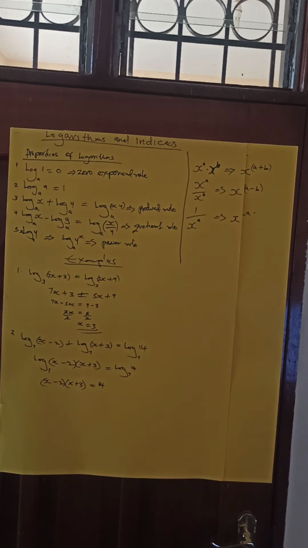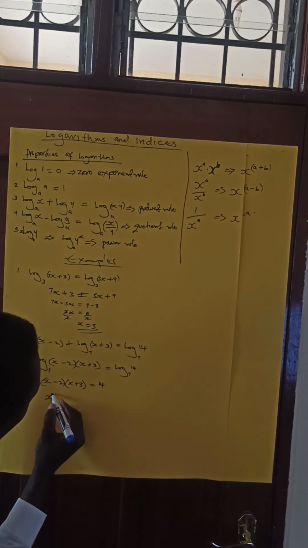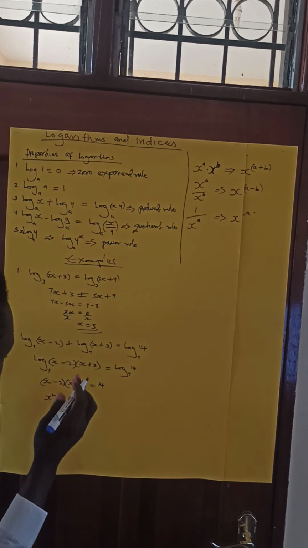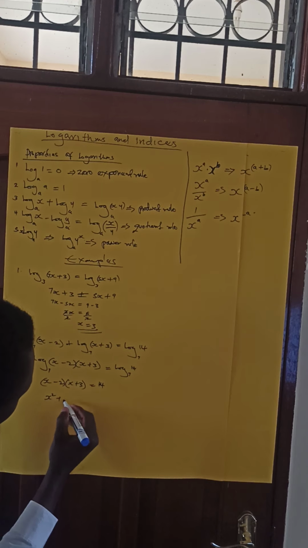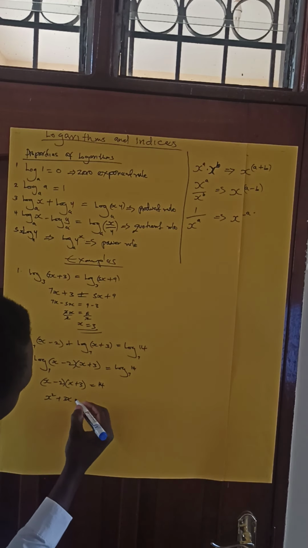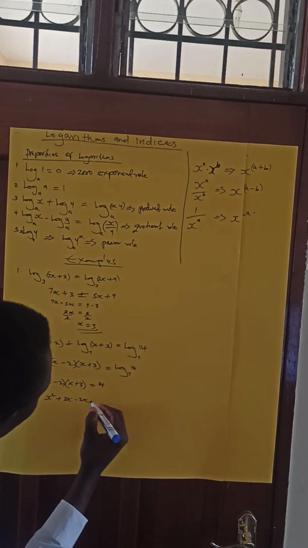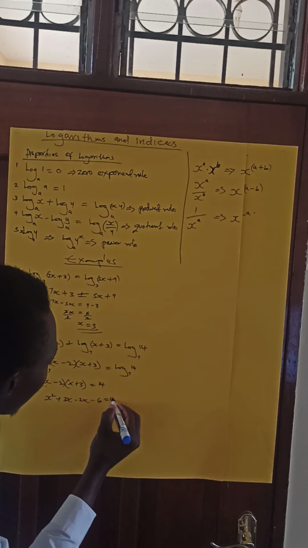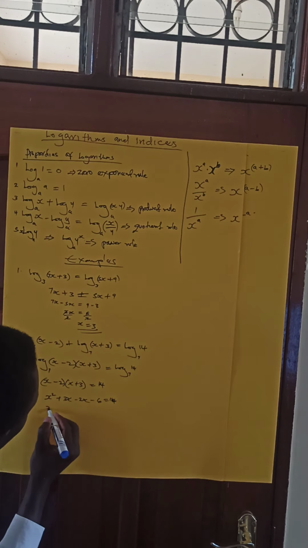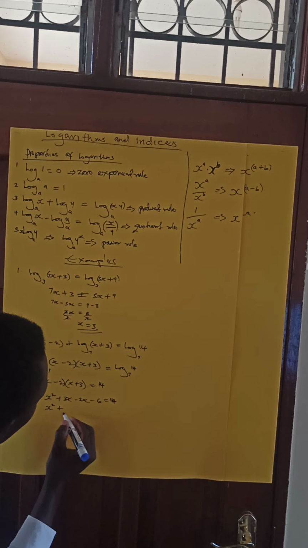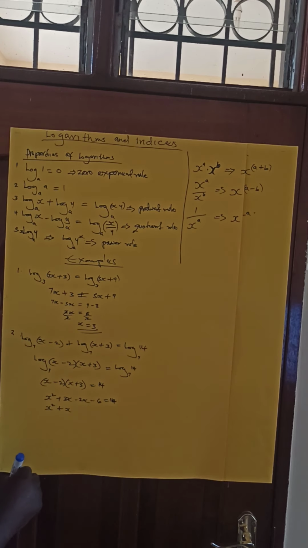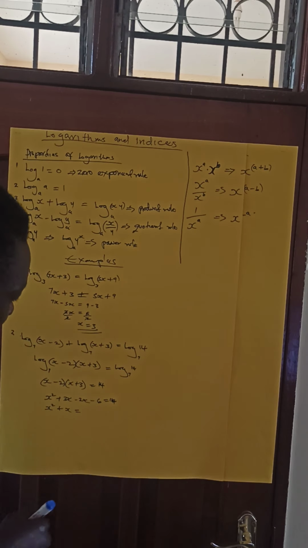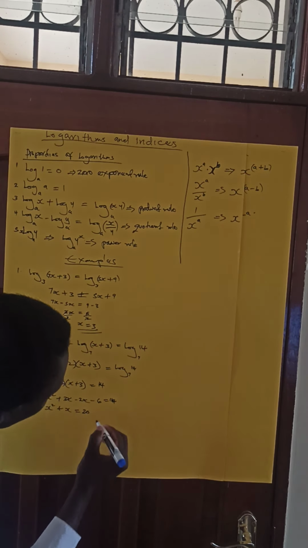When we open the bracket, we get x squared plus 3x minus 2x minus 6 is equal to 14. Then we have x squared plus x, since 3x minus 2x is x. Then we take 6 to the other side, and we have 20.